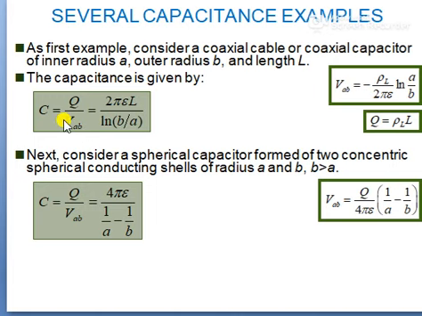By integrating this E dot dl, we finally get the value of V, that is rho L by 2 pi epsilon log of B by A. So finally we get the derived equation of capacitance, C equal to 2 pi epsilon L divided by ln of B by A, where VAB is minus rho L by 2 pi epsilon log of A by B, and Q is equal to rho L into L.